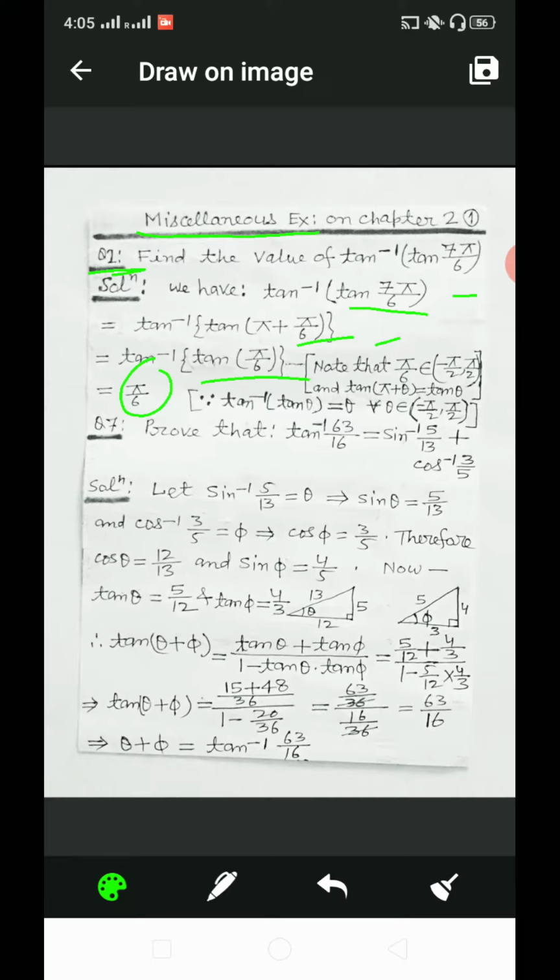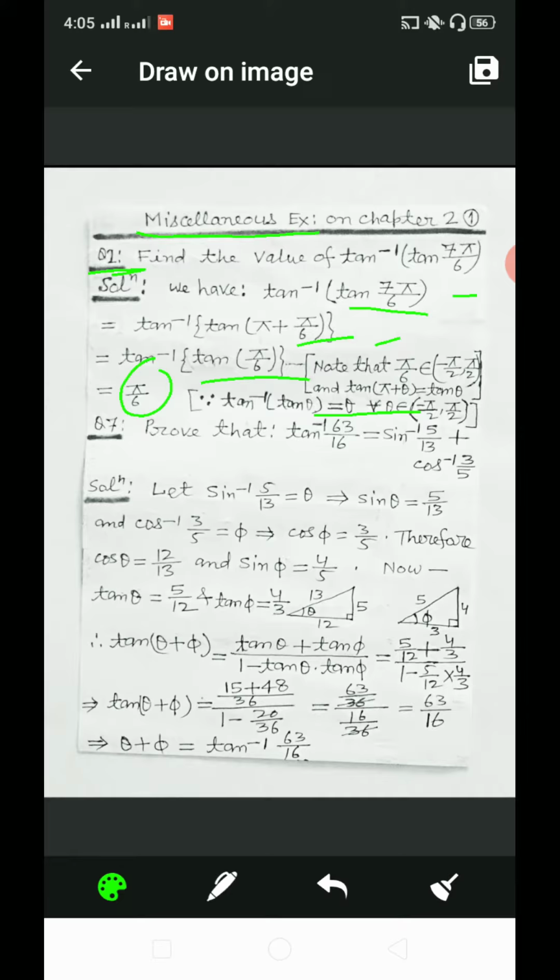Since tan inverse of tan theta is equal to theta for all theta belonging to the principal value branch of tan inverse x, that is, the open interval minus pi by 2 to pi by 2. So, the value of tan inverse tan 7 pi by 6 is equal to pi by 6.